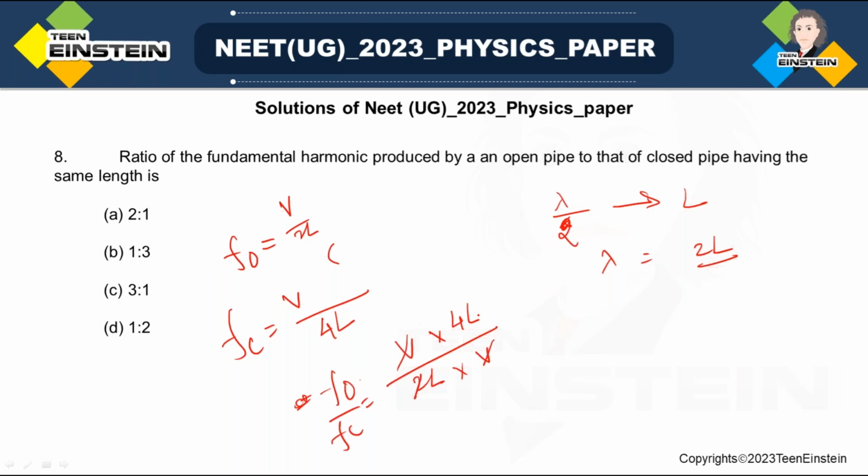This V, this V cancel, this is 2, and in the denominator there is a 1. So 2 is to 1 will be the answer here.